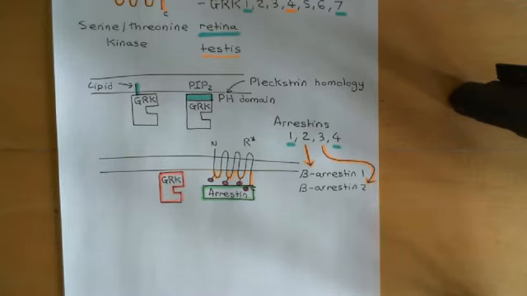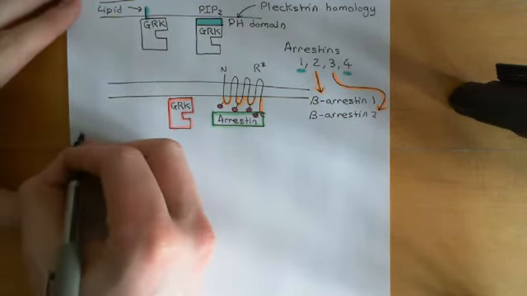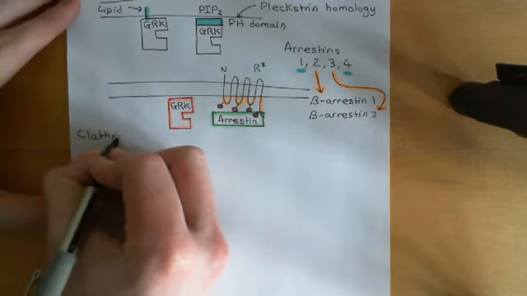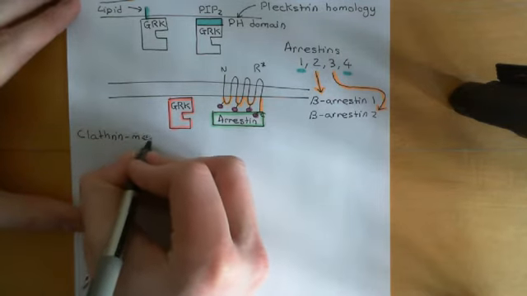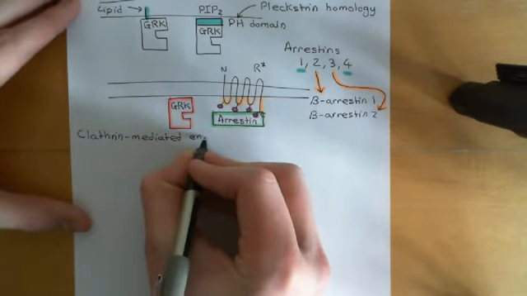Now, what the arrestin is actually going to do is remove that G protein coupled receptor from the cell membrane and take it to an endosome. So let's discuss this process in brief. The process we're going to discuss is called clathrin-mediated endocytosis, which is used all over the place in biology.